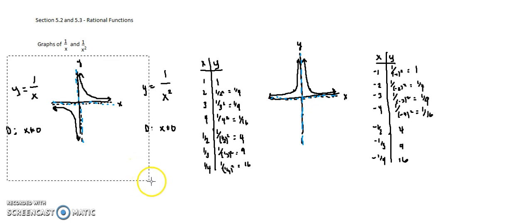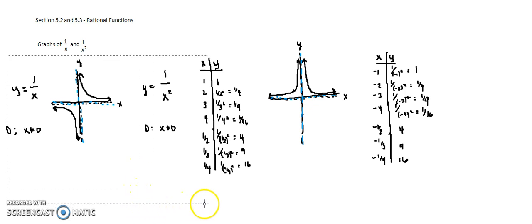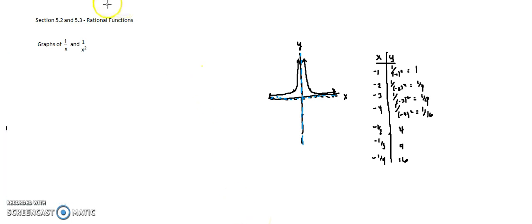So let's erase the 1 over x that we have, and let's see if we can graph some variations on this. We've already looked at some variations on 1 over x, if you remember back. If we do something like 1 over x plus 3, we take the picture of 1 over x. This plus 3 is on the outside of the function because it's outside the fraction.